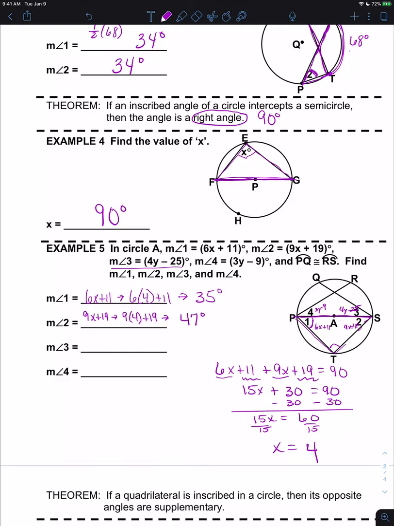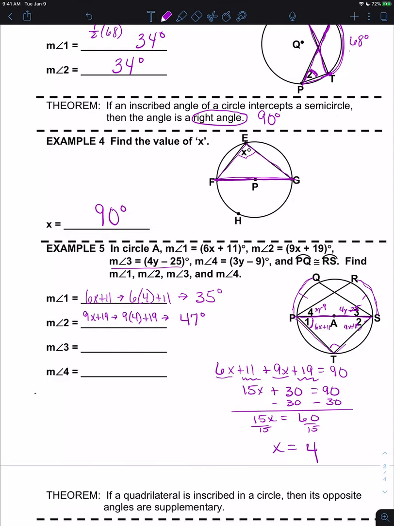If we have PQ is congruent to RS, so if those are congruent, then that means these angles would have to be the same.